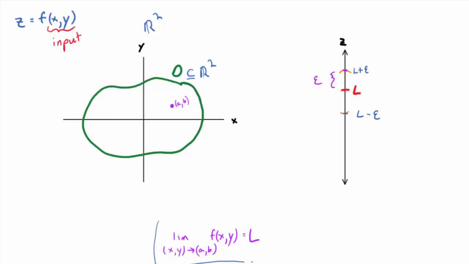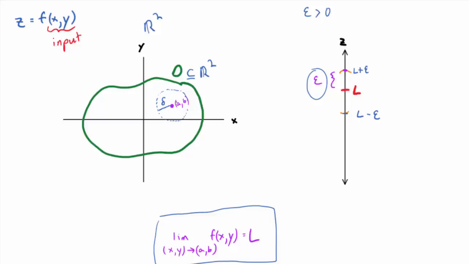So if this definition is true, then for any epsilon greater than 0, I should be able to choose a delta greater than 0. So delta is a distance value. So let's suppose we have a disk around (a, b) and that the radius of this disk is delta. What the epsilon-delta definition says is, hey, for any epsilon, you choose it. You choose your epsilon greater than 0. If this limit exists, the idea is you make it as small as you want.